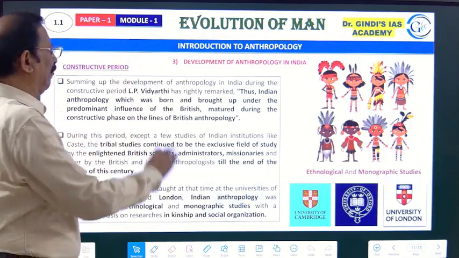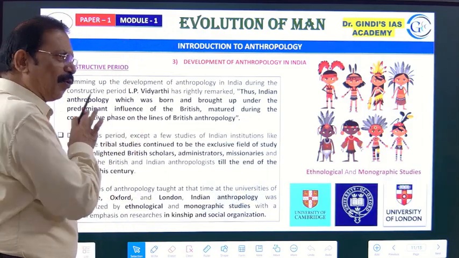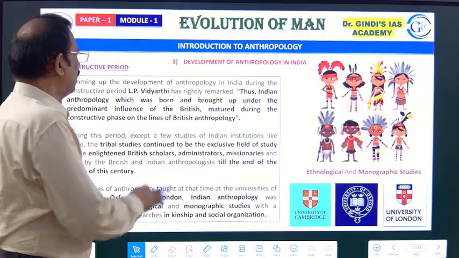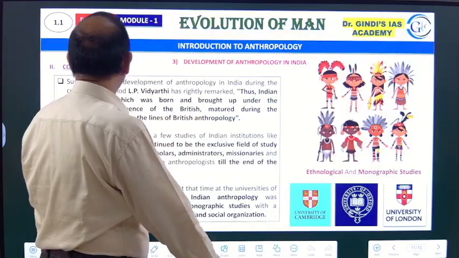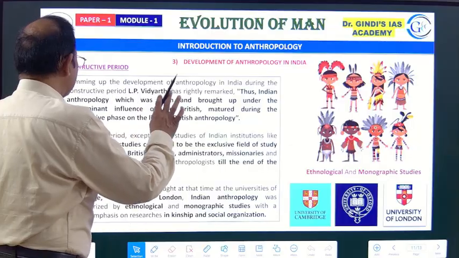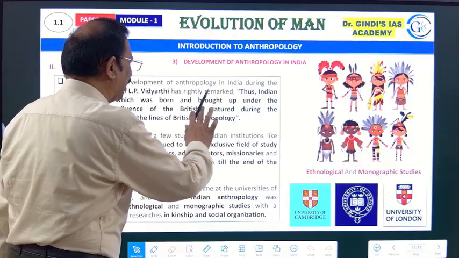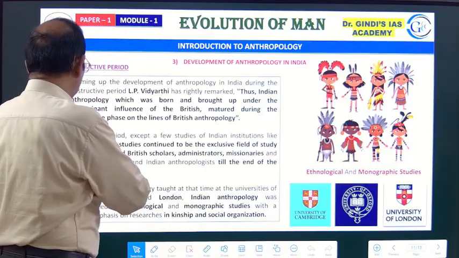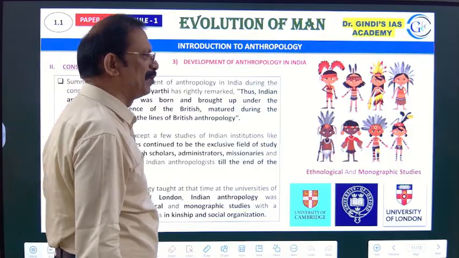Then, summing up all that we have discussed under the constructive period, the development of anthropology during the constructive period, as L.P. Vidyarthi rightly marked: Indian anthropology, which was born and brought up under the predominant influence of the British, matured during the constructive phase on the lines of British anthropology.